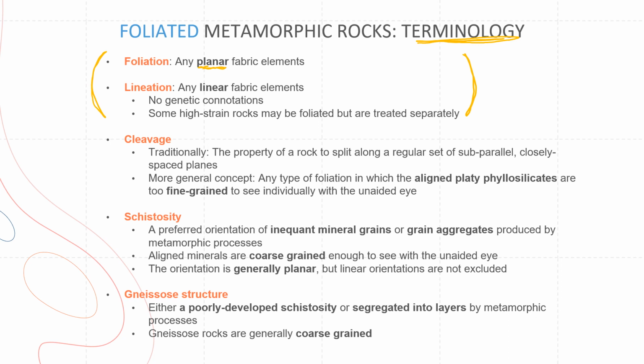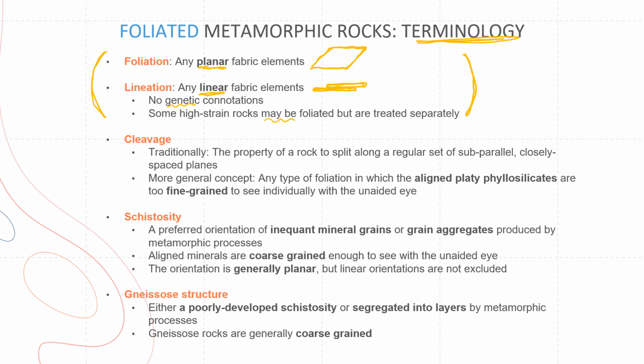So think of planes. And lineation refers to any linear fabric elements. So think of lines, like our good friends, the straws in part 1. Adding on to that, lineation has no genetic connotations, and some high-strain rocks may be foliated, but these are treated separately.